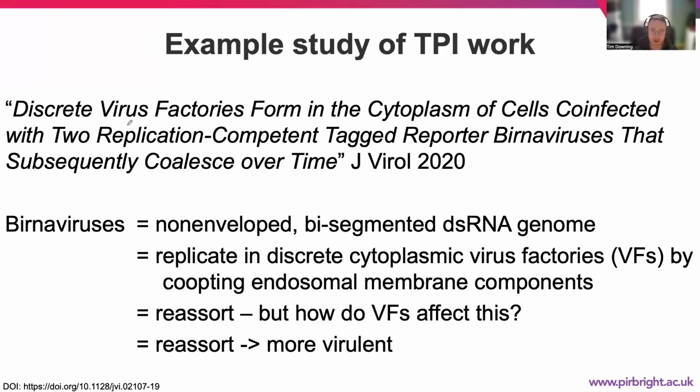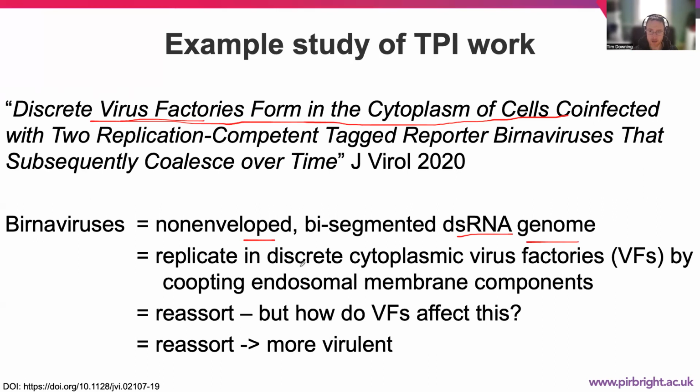So this example study is about virus factories in the cytoplasm of cells that are infected with some tagged coronaviruses. And what the paper is looking at is whether they merge or not over time. So coronaviruses are non-enveloped bisegmented dsRNA viruses with a dsRNA genome.